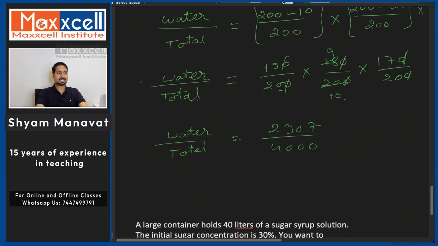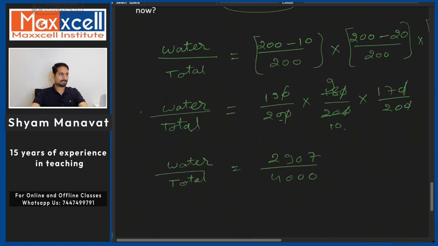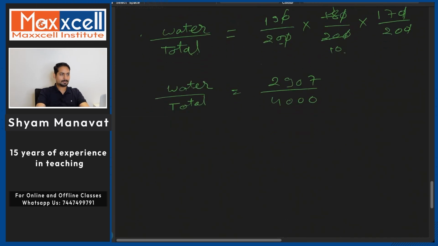Now the question said find the milk concentration. To find the milk concentration, the milk concentration can be defined as milk in the mixture by total into 100, right?